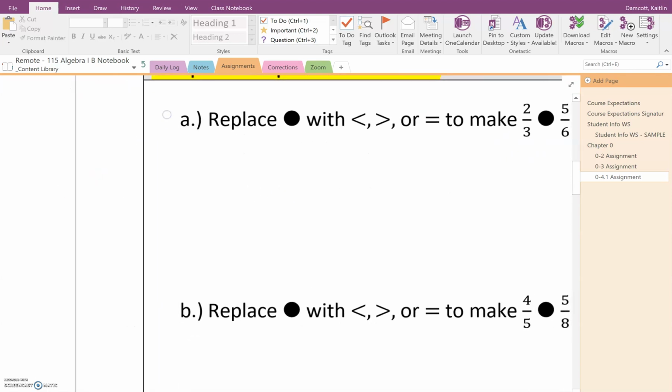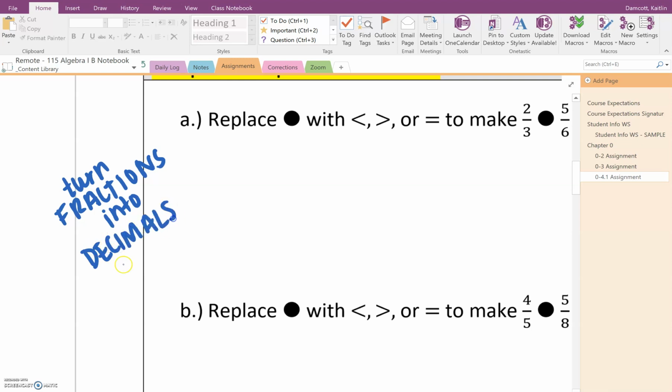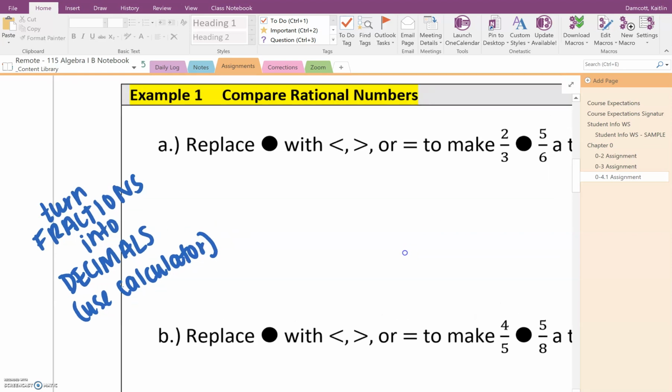Just like we've done previously, we're going to turn fractions into decimals. And in order to do that, we're going to use a calculator.